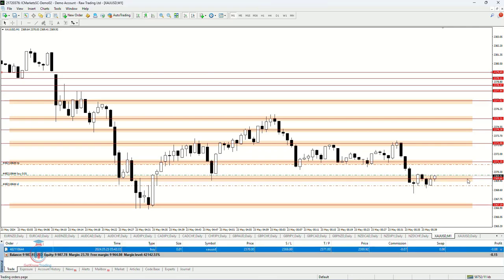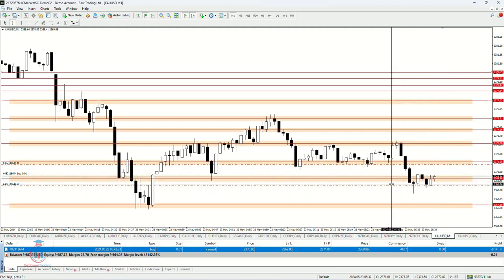When it is triggered, and you can see it is already triggered because the price has risen in value, the order will automatically open, and then the stop loss and the take profit will be ready to close the order when the price reaches one of these levels.